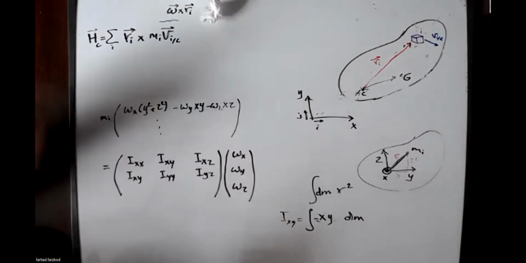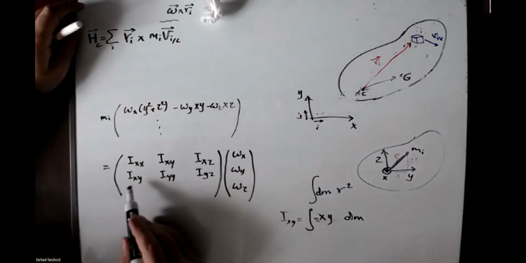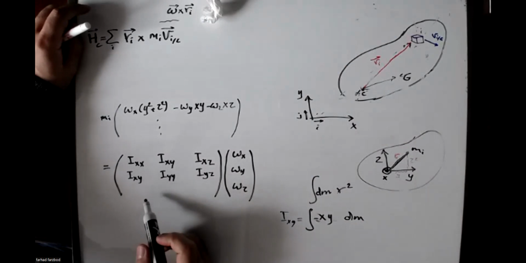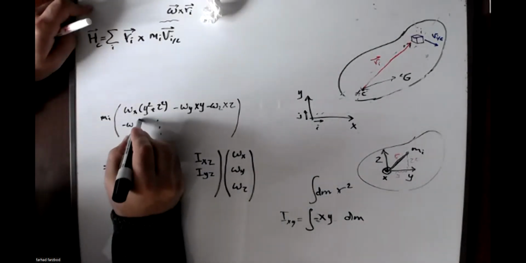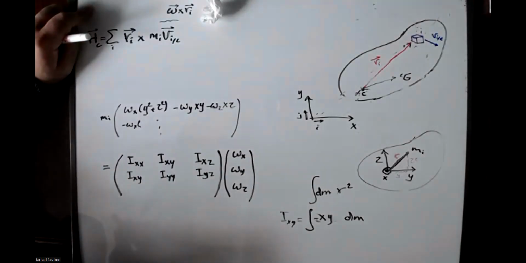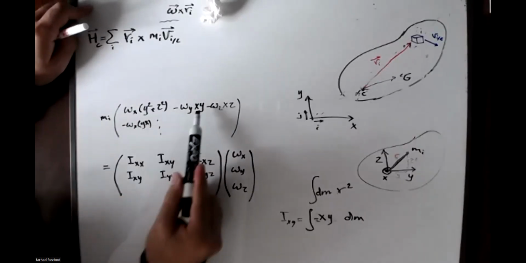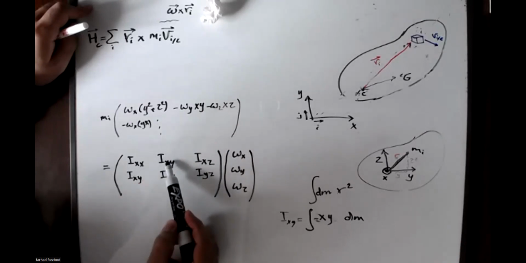Iyz. Because if we look at the second line, I have minus omega x, and I have yx. Yx or xy is the same, so it is Ixy.